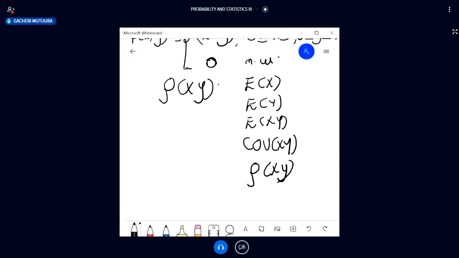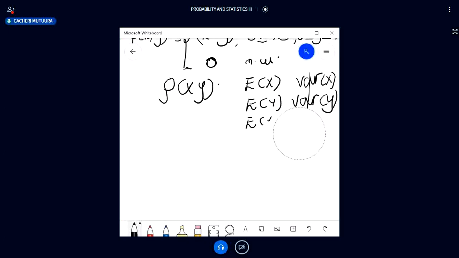So if you're asked to compute the correlation coefficient, they expect you to compute all this, including the variance of x and the variance of y. We need to compute all those expectations so that we can come up with a correlation coefficient.